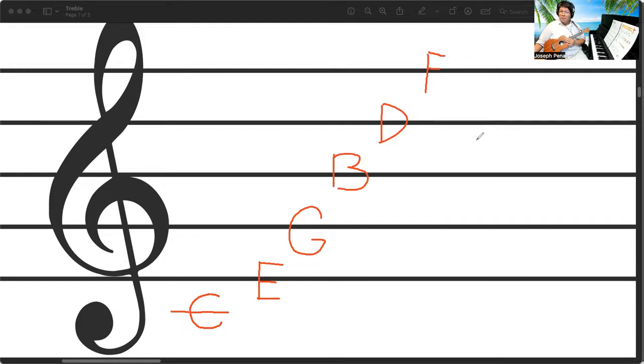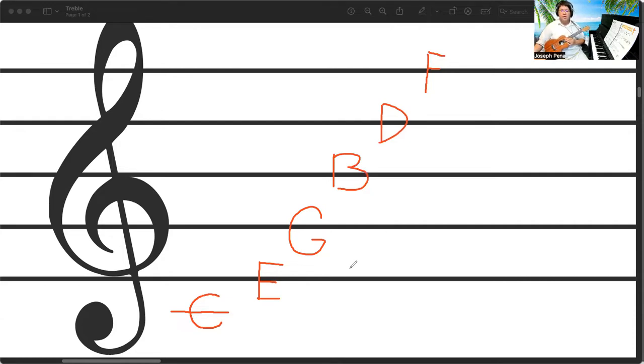In your assignment sheet, I will write out the words for these lines or these notes. The words are: Could every good burger deserve fries? As I mentioned, we're not exactly starting with the first line, we're starting below the staff.